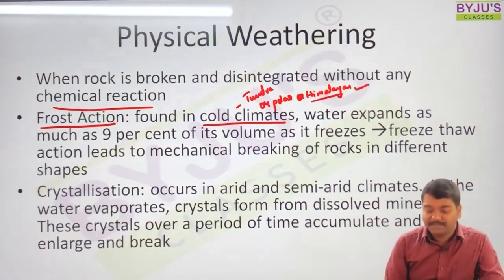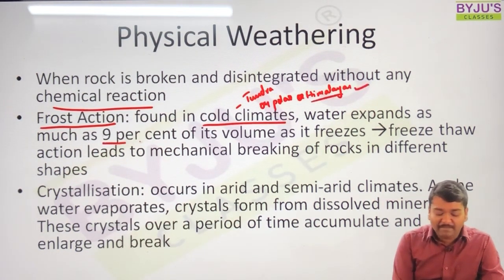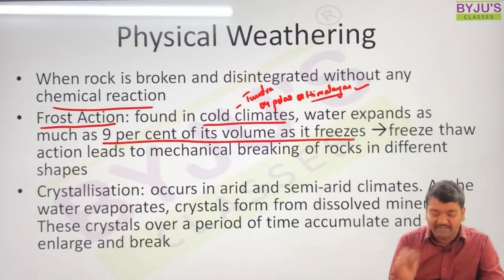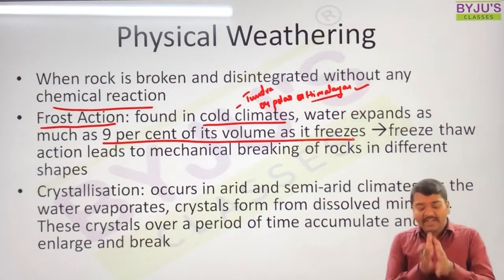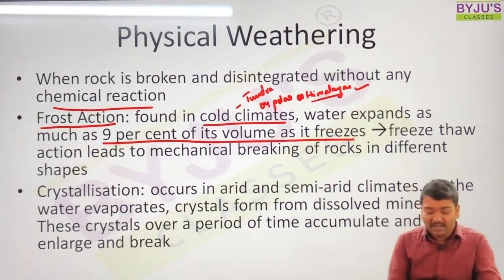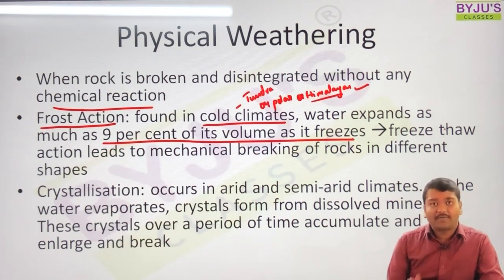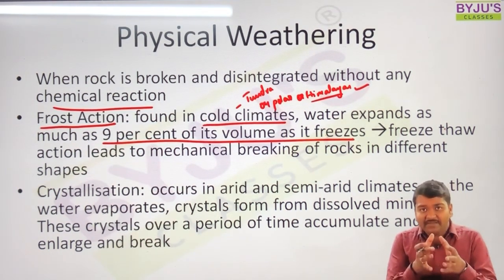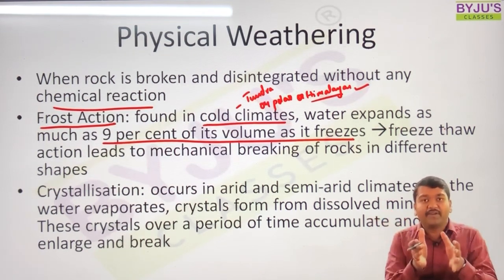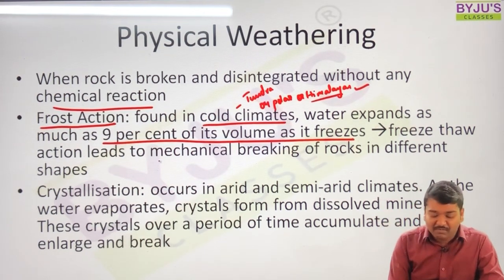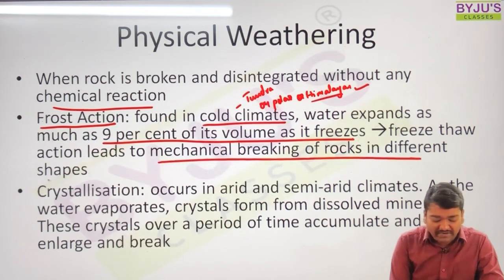Water expands as much as 9% of its volume as it freezes. So if you have water filled in the rocks, it expands 9% of its volume as it freezes. Freeze thaw: it will freeze, expand, and again become water. This action leads to mechanical breaking of rocks in different shapes.